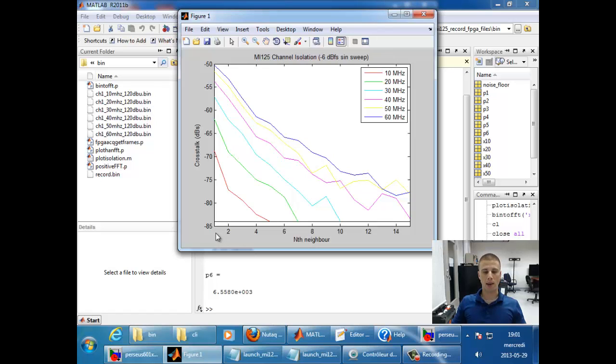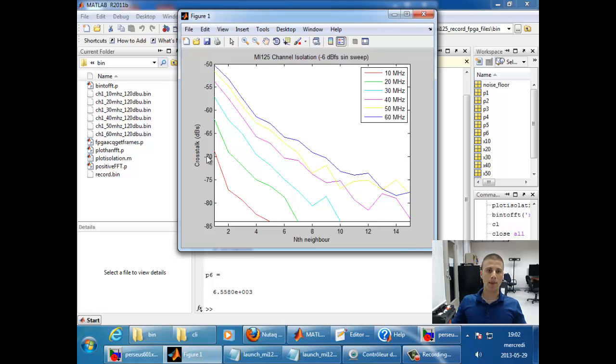That would be the amount of crosstalk between channel number 1 and 2, where the second neighbor is the amount of crosstalk between channel number 1 and 3. The third neighbor is the amount of crosstalk between channel 1 and 4, until you get down to the 15th neighbor, which would show the amount of crosstalk between channel 1 and 16.